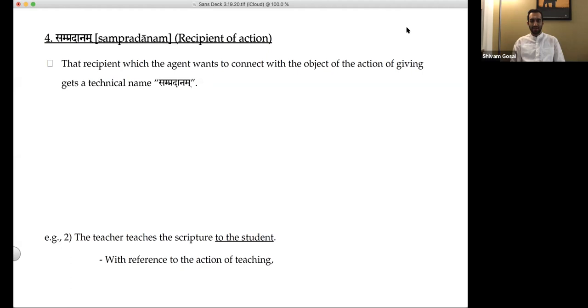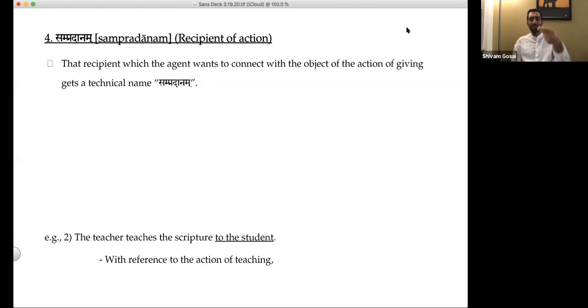Okay, seeing a few more. So with reference to the action of teaching, we always want to find the action word, teaching. Now the karta, who is doing the action of teaching? The teacher. So teacher is the karta. What does he teach? What is the object?